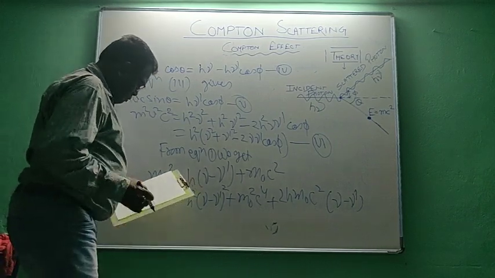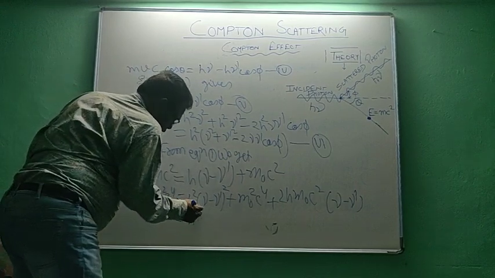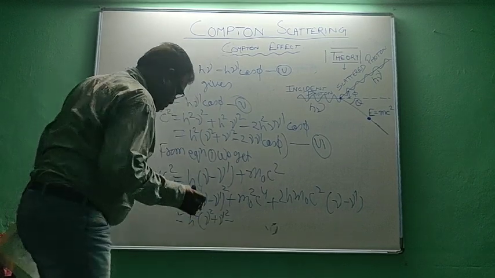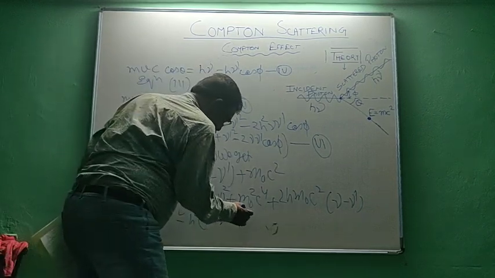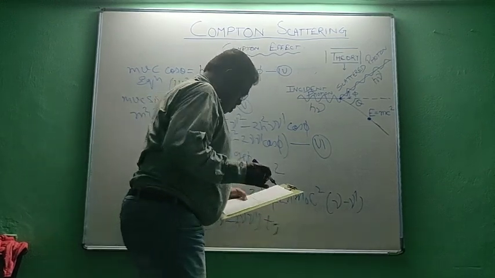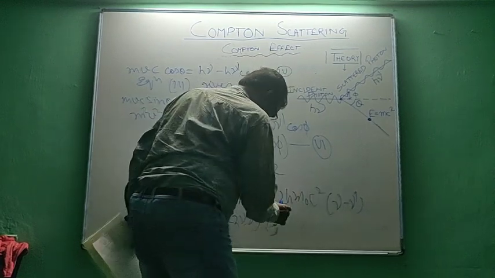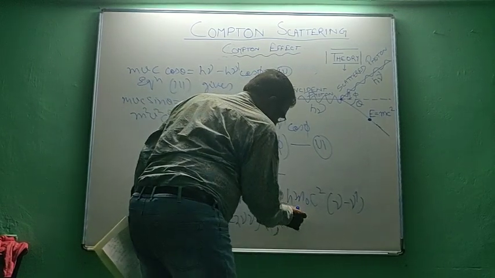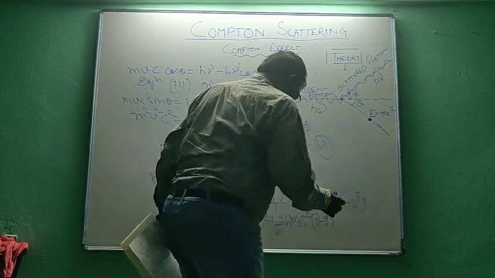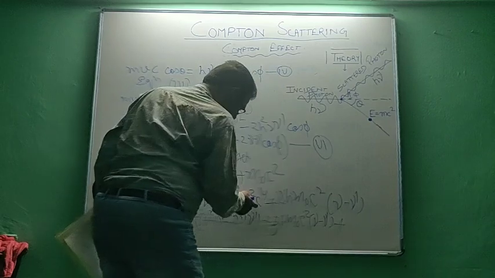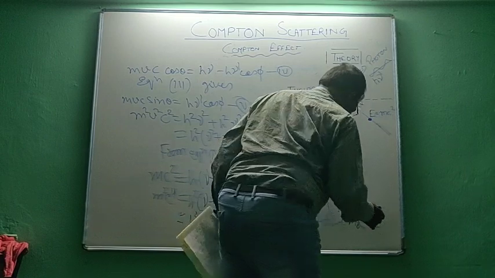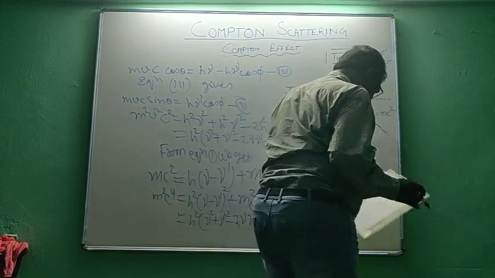It becomes h square nu square plus nu dash square minus 2 nu nu dash, plus 2 h m naught c square nu minus nu dash, plus m naught square c4. Let it be equation number 7.